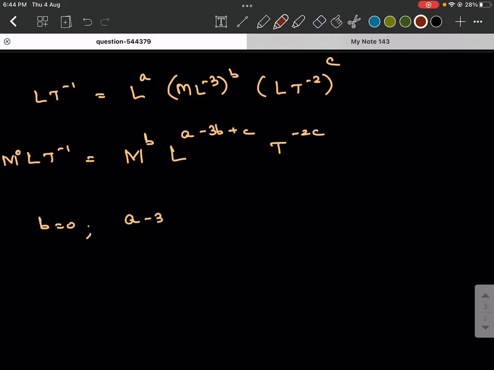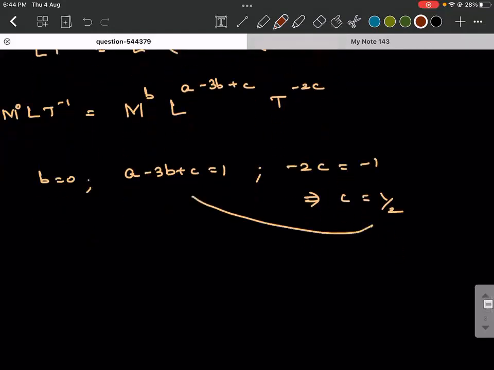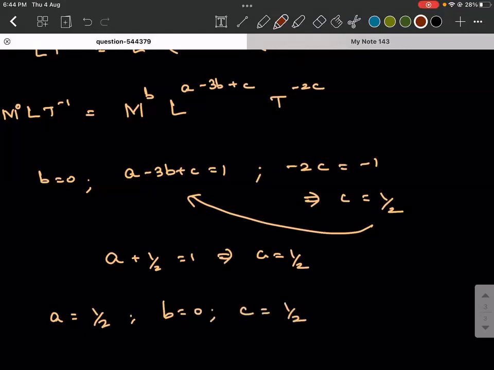L is A minus 3B plus C is 1, and minus 2C is minus 1, which implies C is equal to half. If C is equal to half, you substitute it here: A plus half is 1, which implies A is equal to half. So A is equal to half, B is equal to 0, C is equal to half.